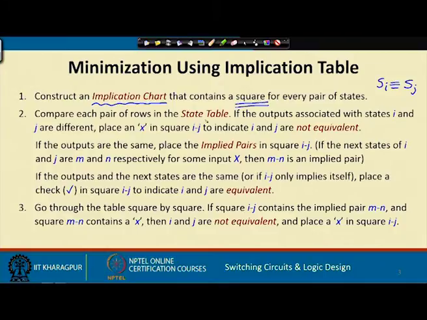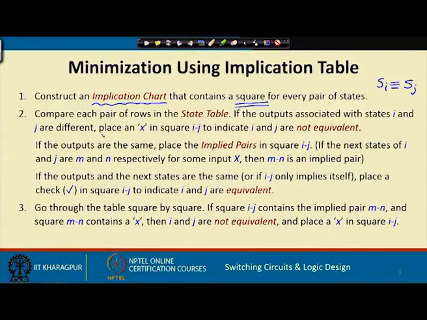How? We compare each pair of rows in the state table, suppose the rows corresponding to S i and S j. The condition is, if the outputs in the state table associated with states i and j are different, which means these two states cannot be equivalent. In the state table I find that if some input x is coming, the first state is giving an output 0, the second state is giving an output 1.